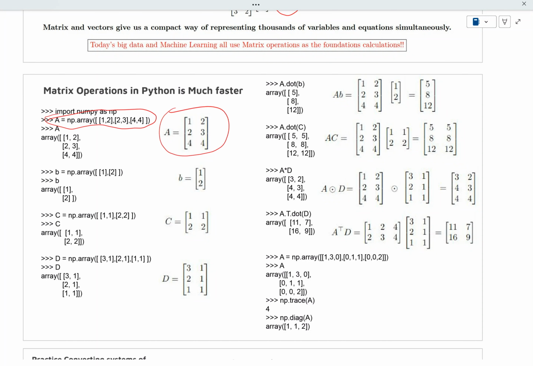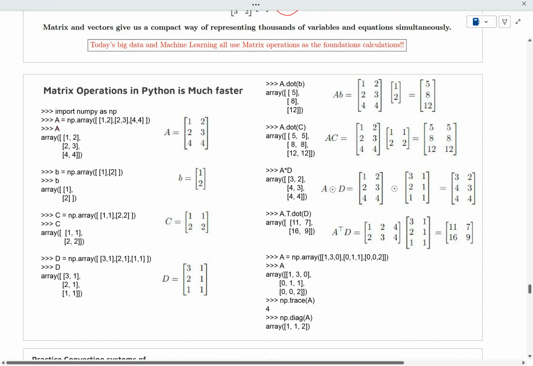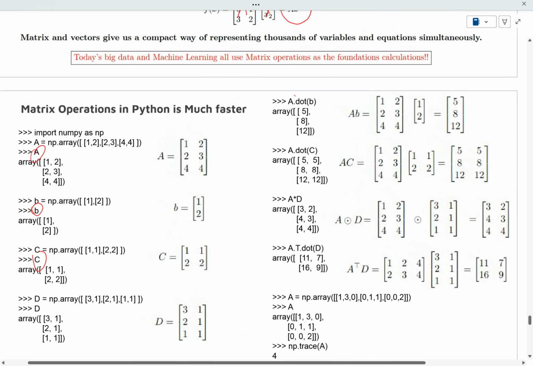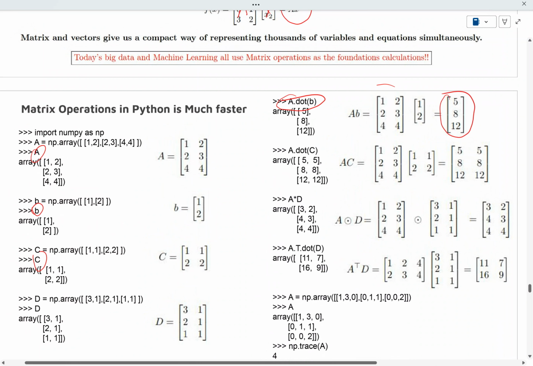You can define a vector using this notation. You can define another matrix. And once you have these values, A, B, C, defined, you can now perform operations on them. So you have A dot B, so you just kind of multiply them together. Or A dot C, you're multiplying two matrices together.